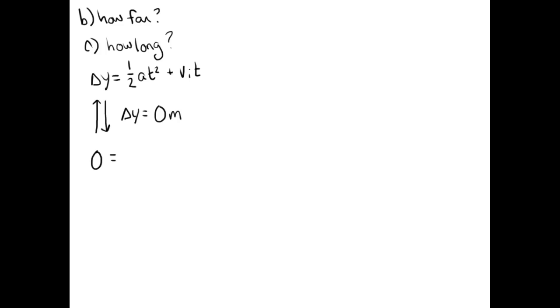So I'll put in 0 equals 1/2 a, that would be gravity of negative 9.8, times time squared plus vit. Vi, I have no idea what Vi is, so I have to go back and tear apart this thing. I'm going out at 125 meters per second.